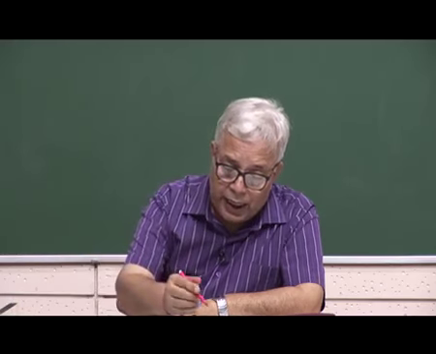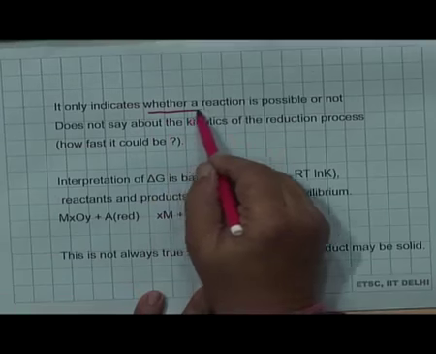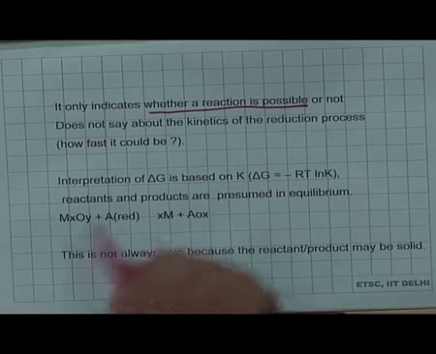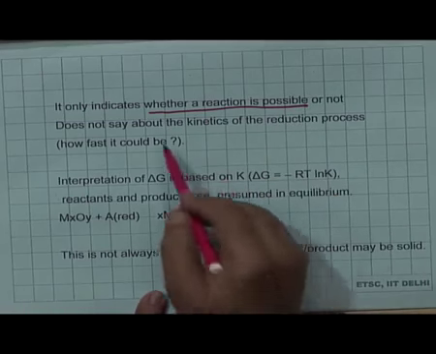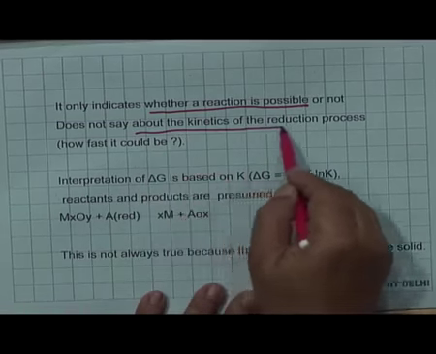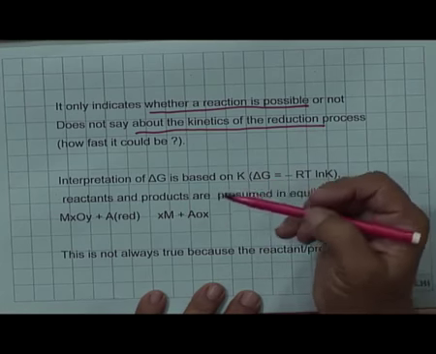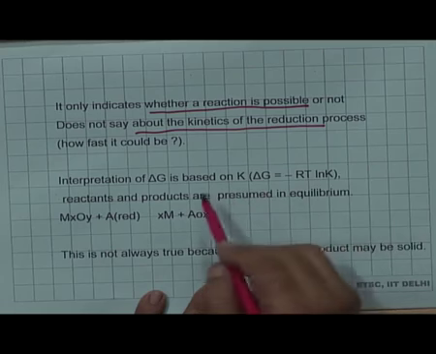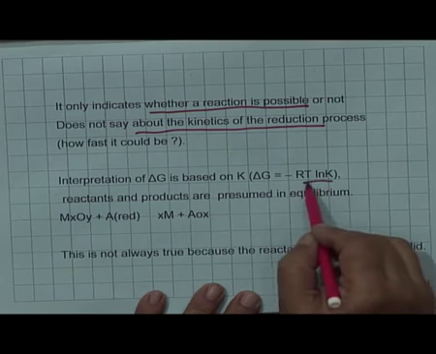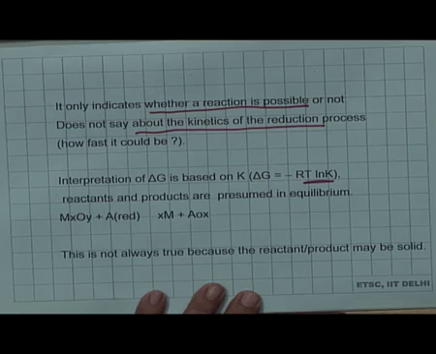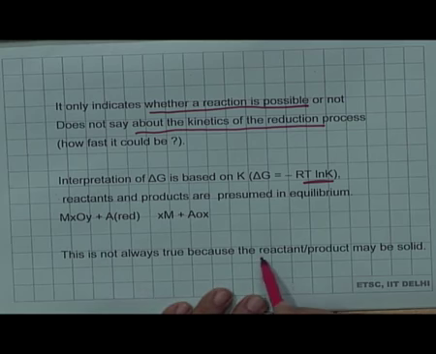So, let me point out in a nutshell that Ellingham plots only indicate the possibility of the reaction. It does not tell how fast the reduction will be if it is thermodynamically feasible. Second is that this plot is based on the assumption that there is an equilibrium between reactants and the products. This may not always be true because reactants and products may be solid.